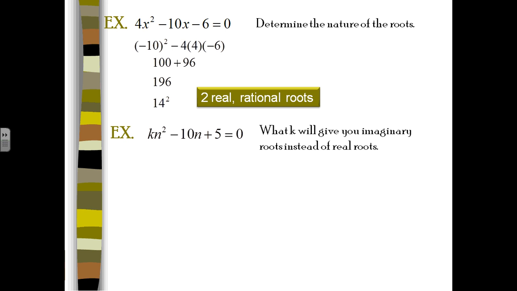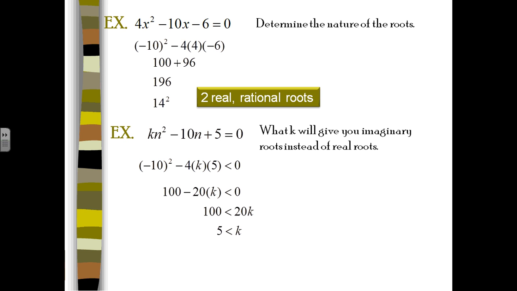And we're going to plug in all the numbers except a is going to be k. So we plug that in, so we have the b squared minus 4k times c, which is 5. And then we want this to be imaginary, so we're going to say that that whole value has to be less than 0. So then we go through and we simplify this, and we end up getting k is greater than 5. So any k that you choose that's larger than 5 is going to give you imaginary roots instead of real roots. And that's your solution.